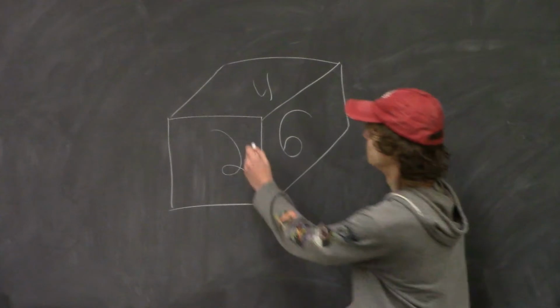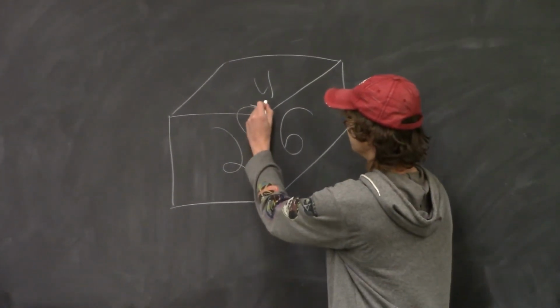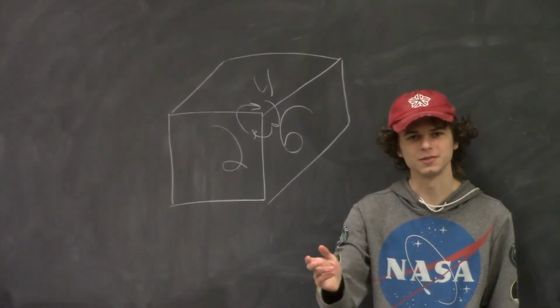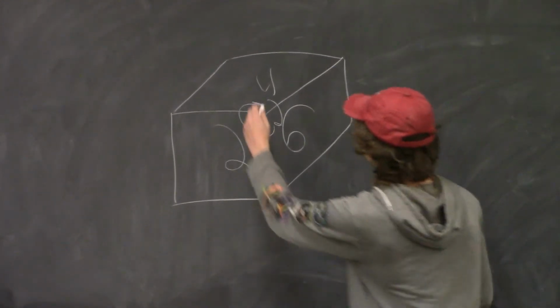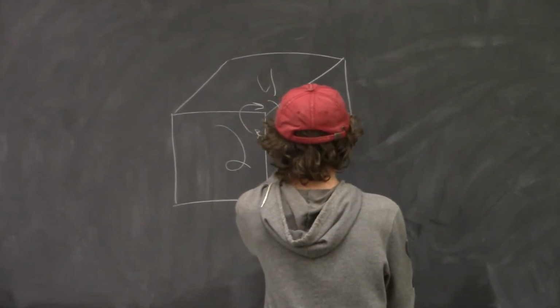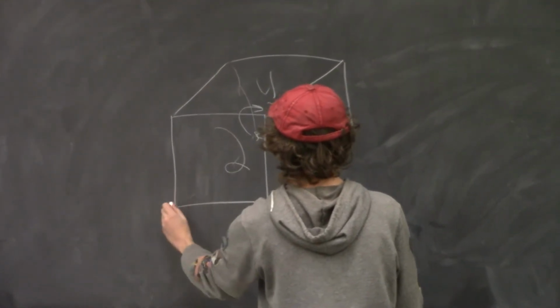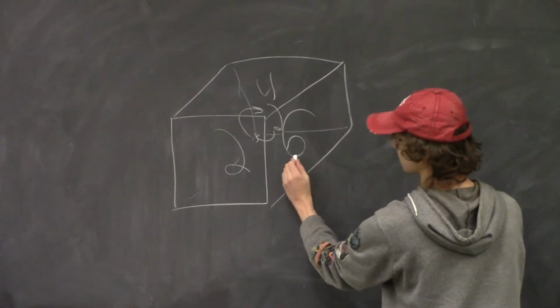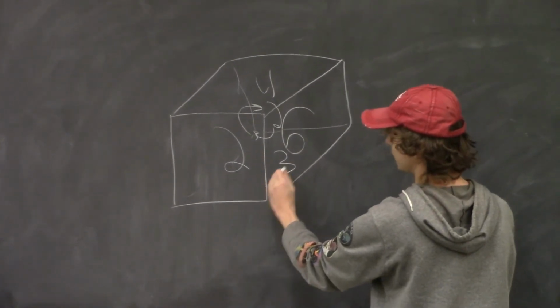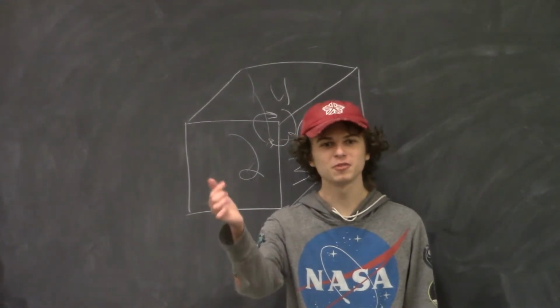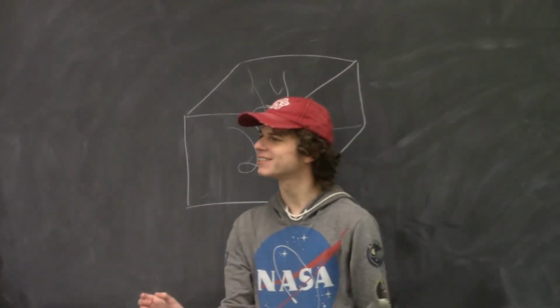So if you rotate, you can go from 2 to all the evens. And also, this bottom face would be 3. So you see that 3 and 6 are next to each other, and you can flip them. You can go from 3 to 6.